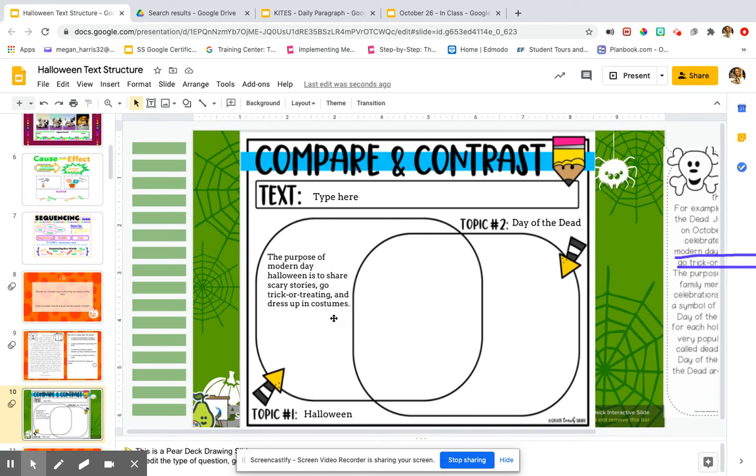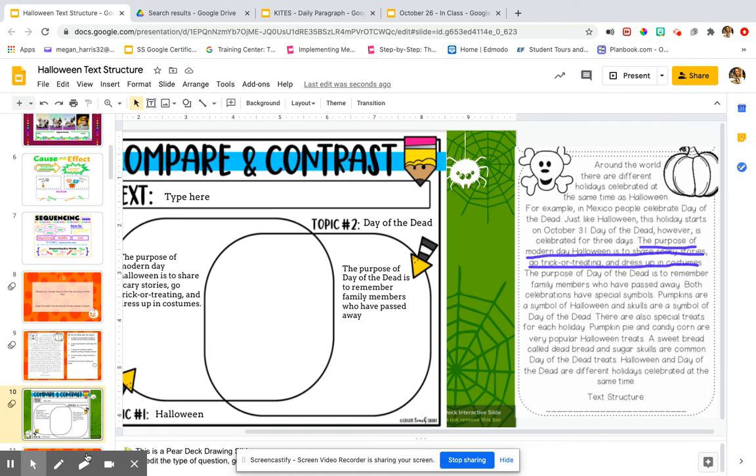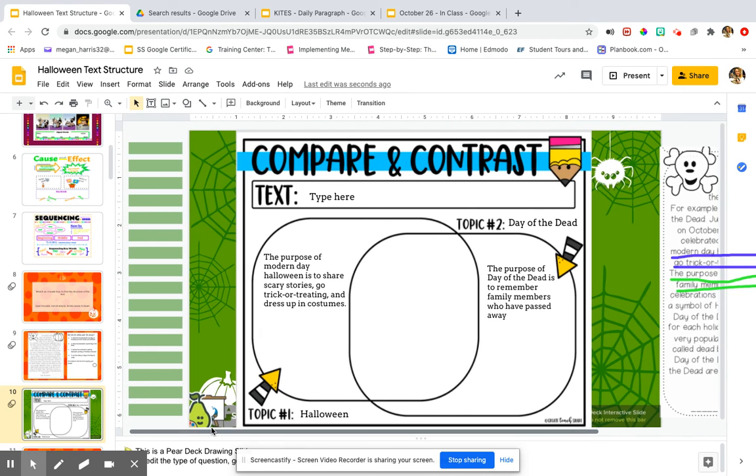Well, if I'm saying this about Halloween, I need to say something different about Day of the Dead. So then I'm going to say the purpose of Day of the Dead. Let me grab a different color and scoot over here. That's that next line. The purpose of Day of the Dead is to remember family members who have passed away. And so what you're seeing is me pulling that word for word evidence out.